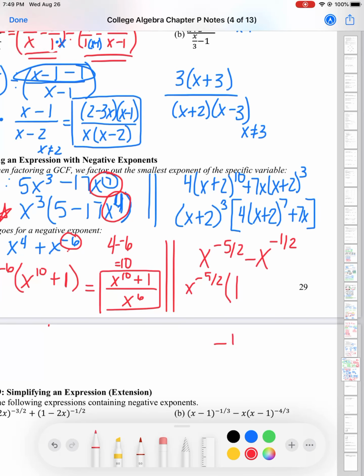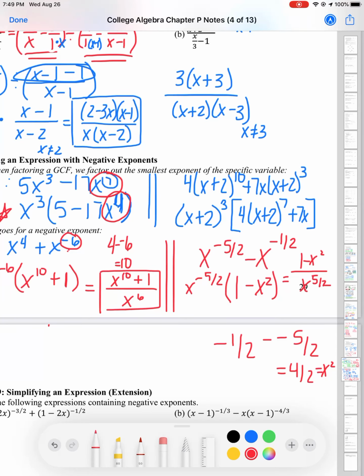But when I factor out an x to the negative 5 halves out of negative 1 half, I take negative 1/2 minus negative 5/2, which is 4/2, which is x squared. So I have 1 minus x squared. So I can write this as 1 minus x squared over x to the positive 5/2.